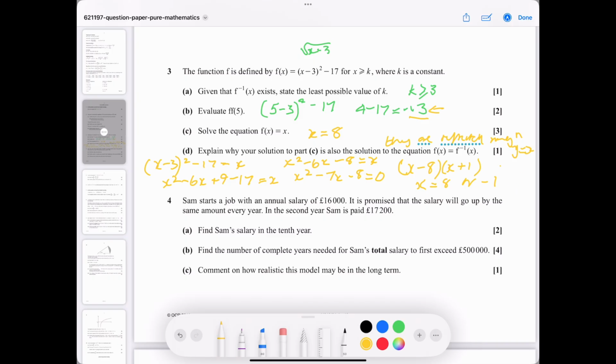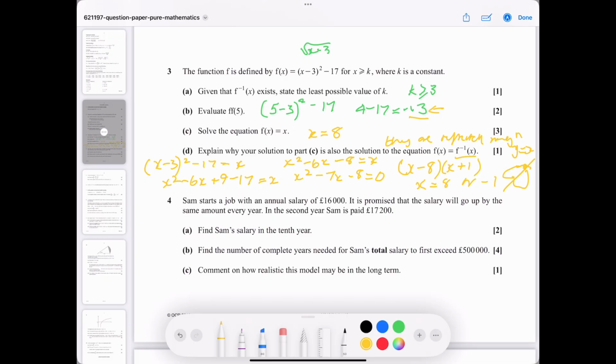So if we just make this equal to x, that means we're also going to the point where f to the minus 1 of x would meet. So it means it's the answer for both, because they reflect through y equals x. If that one does this, then this one does that. So they meet at the same point.